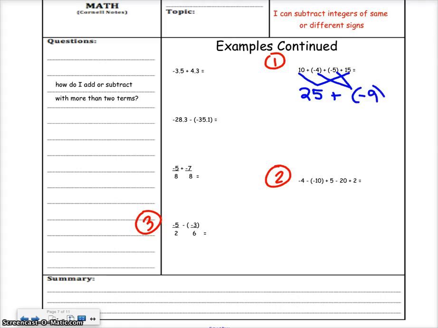Plus a negative 9. So now I say to myself that same question, are they the same or are they different? Different. So I take their difference, that's 16, and do I have more positives or more negatives? Positives. So it's positive 16.